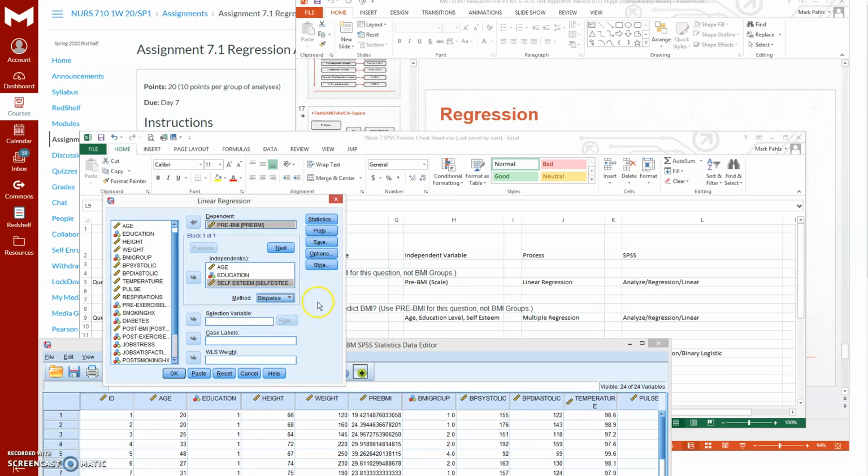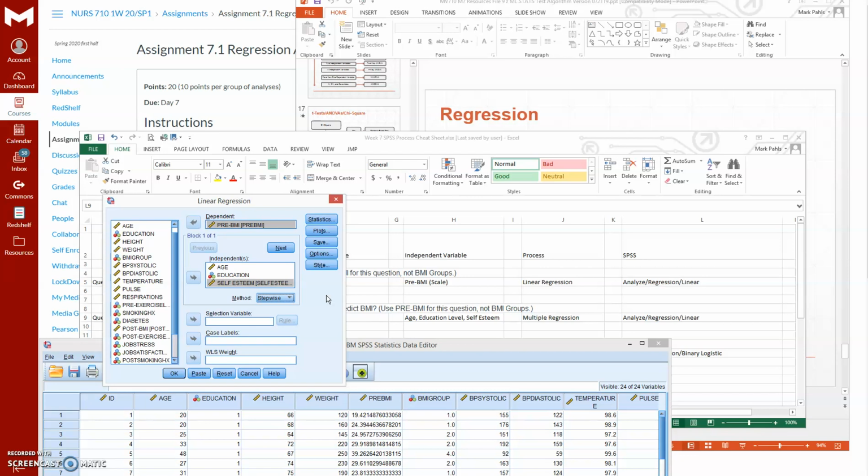Now, this method here, run a stepwise. What that does is it will look at each of the combinations: all three together, each one by itself, the pair of age and education, education and self-esteem. It will run all of them to see. It's possible age may not have any bearing on pre-BMI. It may not matter. Kick it out of the model if it doesn't make a difference. Same goes with education, same goes with self-esteem.